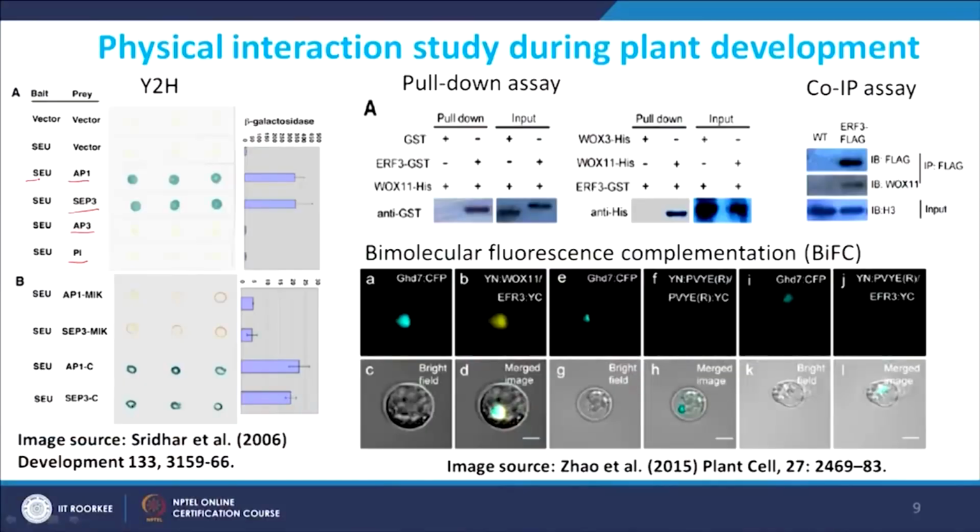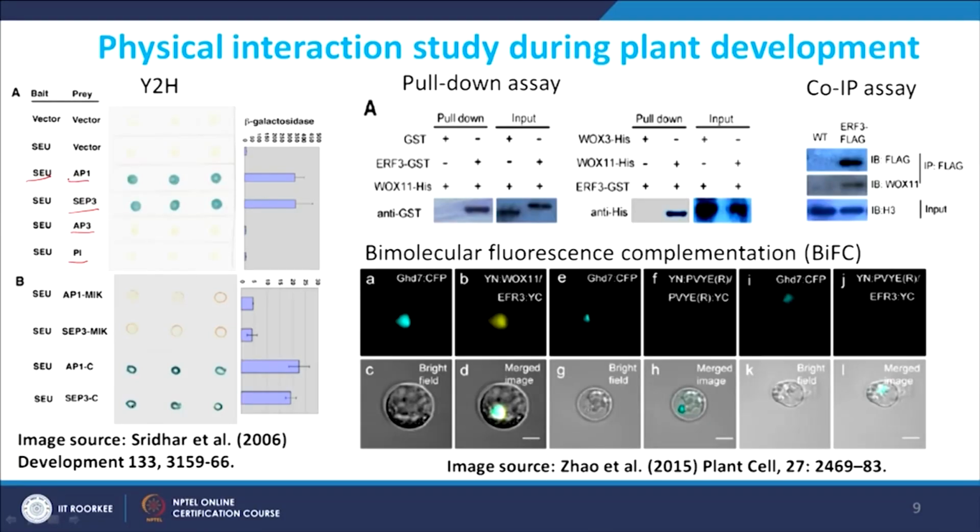And SUU, this is another gene which is important, and here what they have tried to check is whether SU is interacting with these ABC genes or not, and this has been done by the yeast two hybrid. And what you can see, this color signal will tell there is an interaction. If there is no color, then there is no interaction. So, if you look at this assay, you can clearly find that SU is interacting only with AP1 and SEPALLATA3, but it is not interacting with AP3, it is not directly or physically interacting with PI.